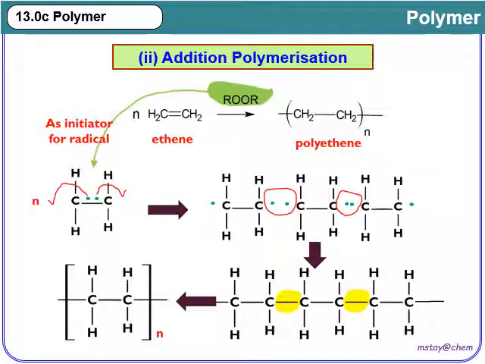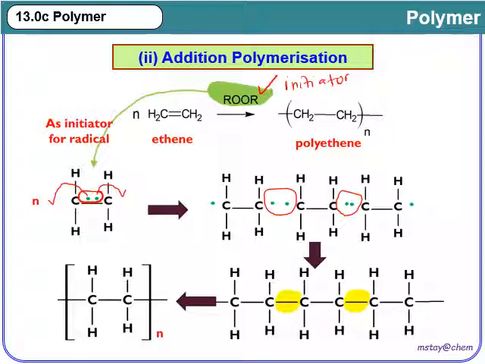Okay, now let's look at addition polymerization. As we mentioned previously, we need peroxide as the initiator. So this peroxide is going to break one of the bonds over here. And as we know, one bond consists of two electrons.